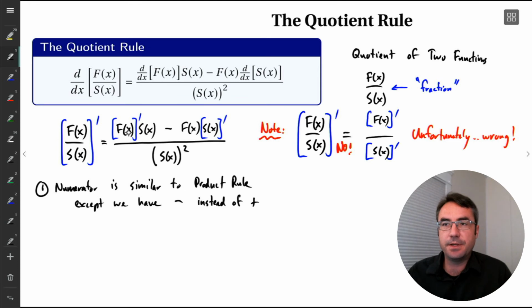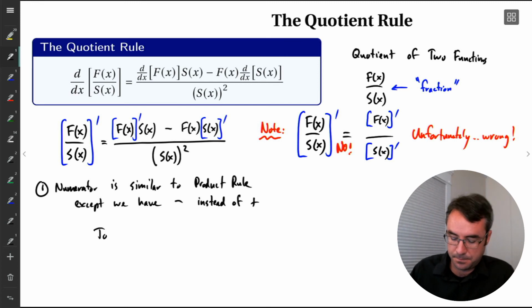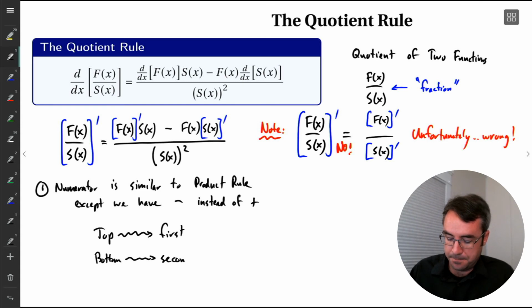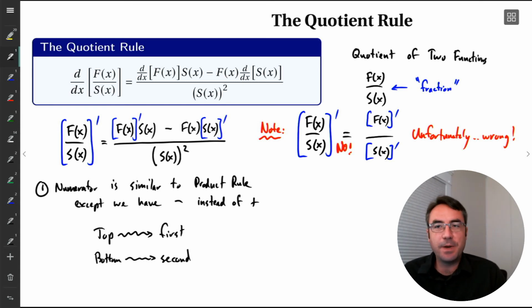And when we rewrite our quotient as a product, the top function comes first and then the bottom function comes second. All right. Now that's one way to remember this.